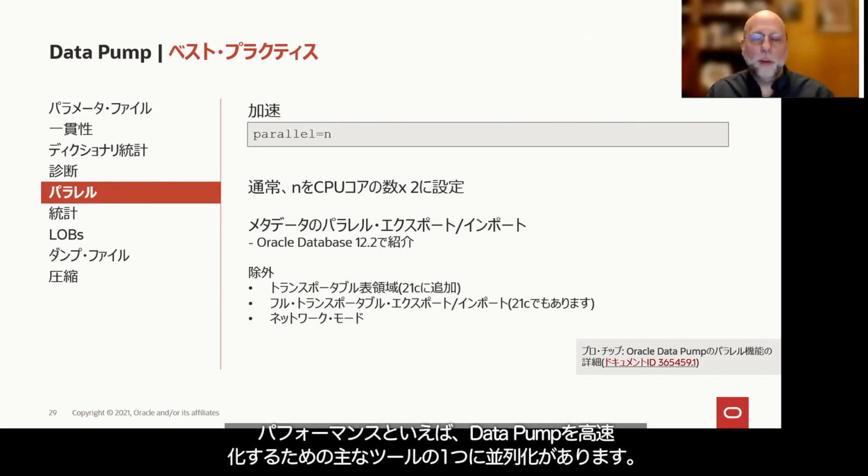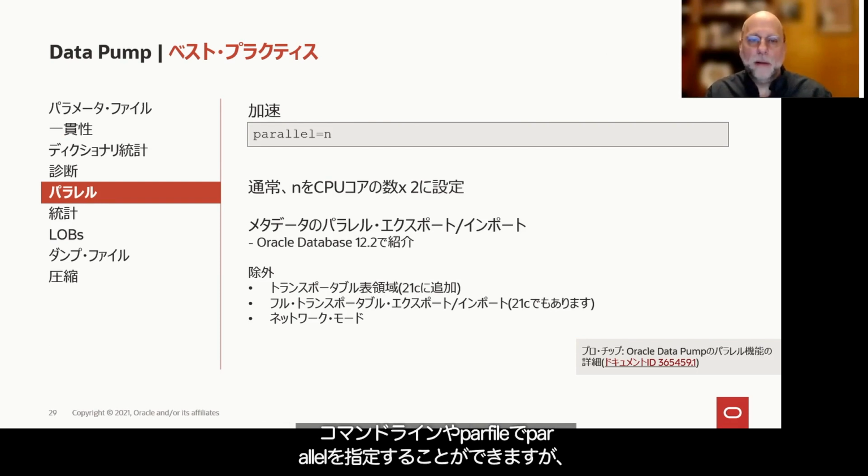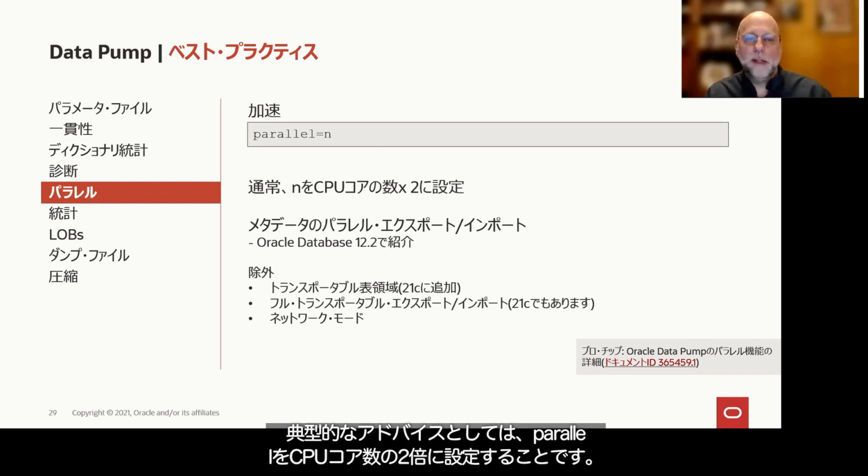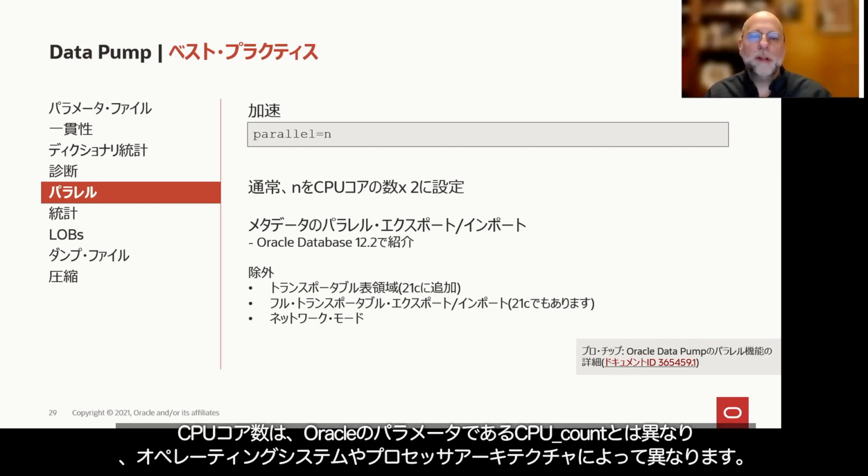Now, speaking of performance, one of the main tools to speed up Data Pump is parallelism. And you can specify PARALLEL on your command line or in your PAR file. Our typical advice is to set parallelism to be 2 times the number of CPU cores. Now, CPU cores is not the same as CPU_COUNT, that Oracle parameter, and it will differ based on your operating system and processor architecture.